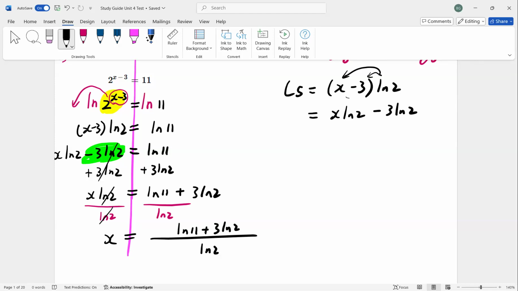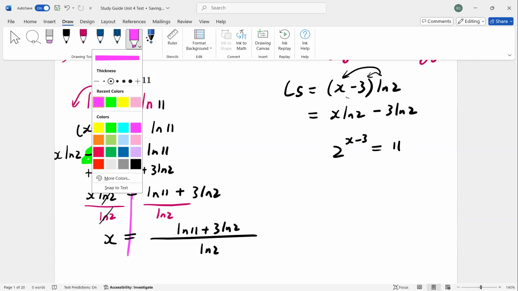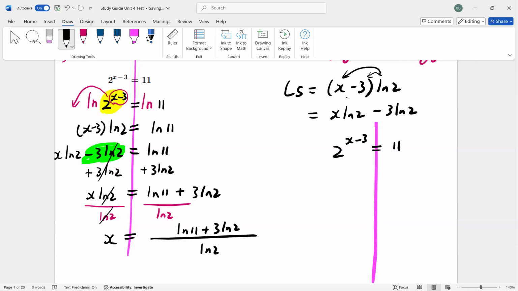Okay. Actually, there's one step we can process differently. Let me show you. 2 to the power of x minus 3 equals 11, right? So we apply ln, that's the same as earlier. And then we bring x minus 3 in front, and we have ln2 and ln11.